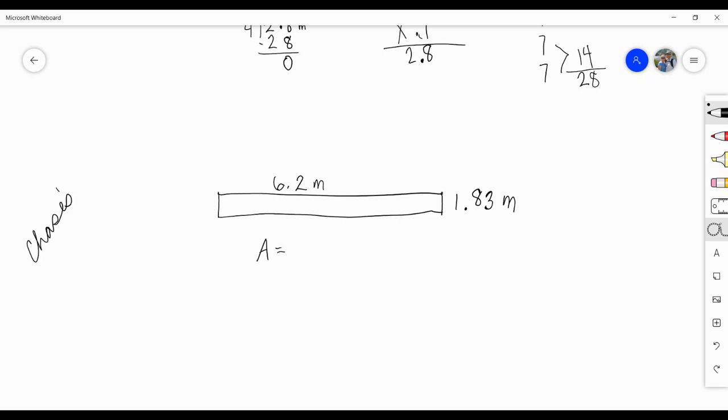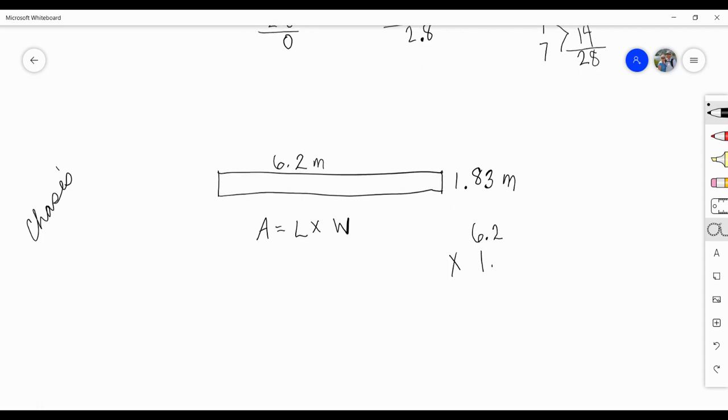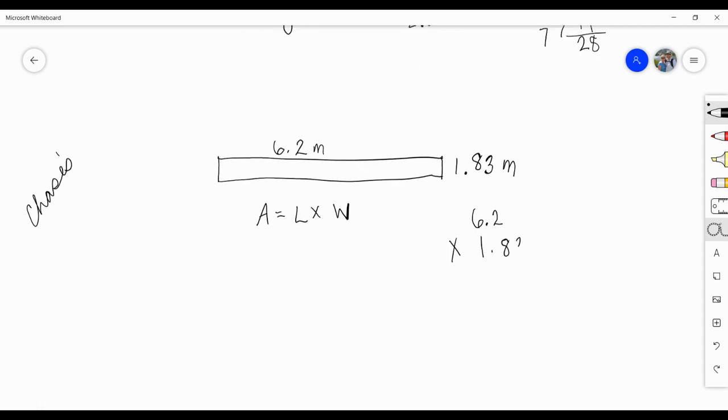Remember, in order to find the area, we multiply length times width. So in this case, we are going to be multiplying 6 and 2/10 by 1 and 83/100.